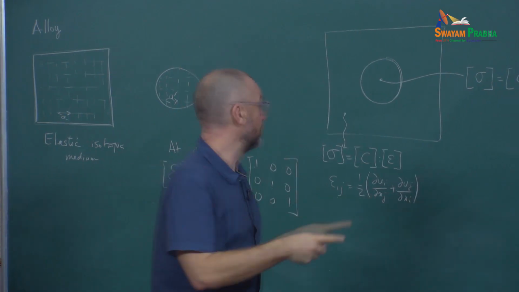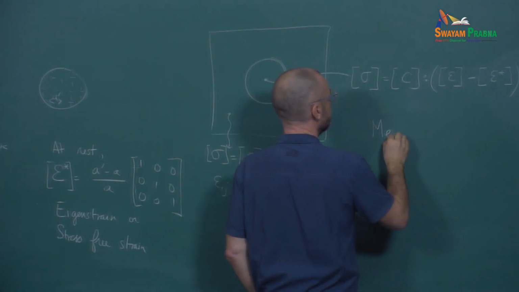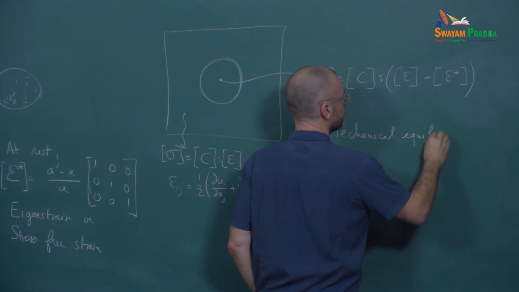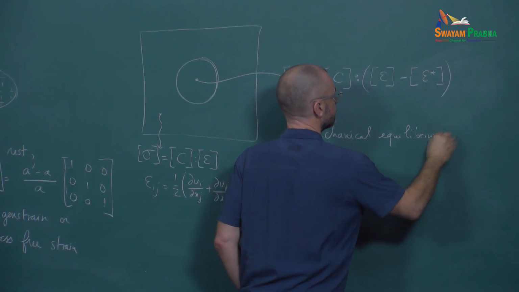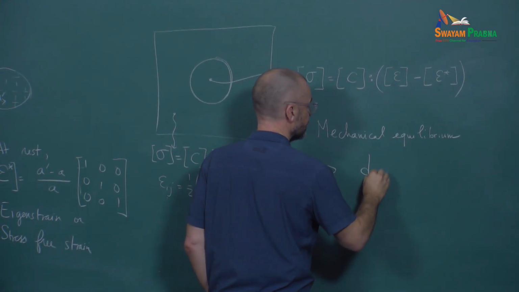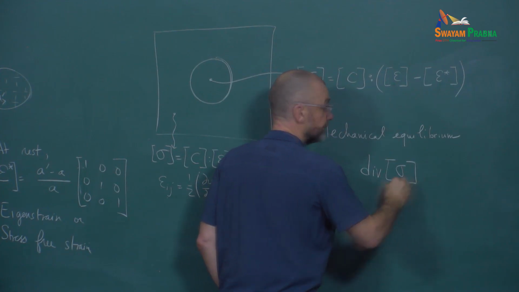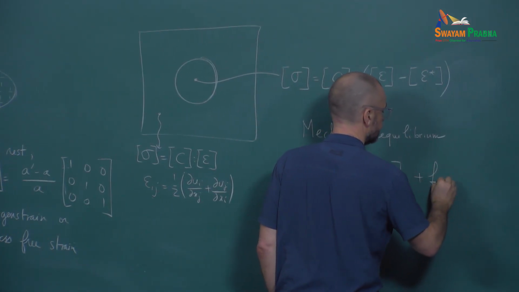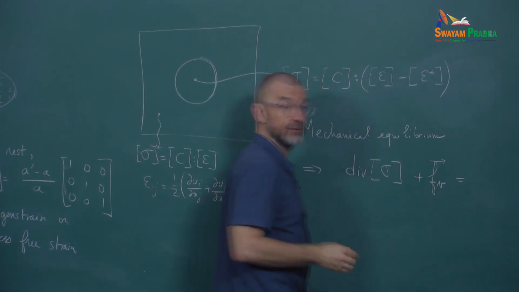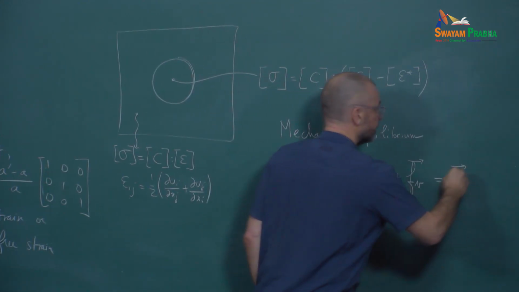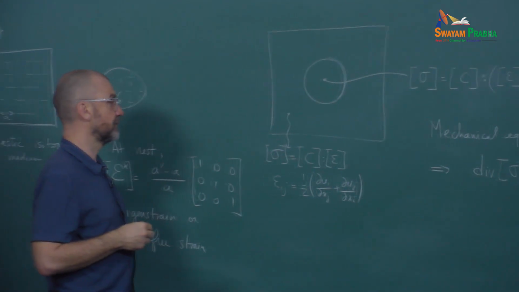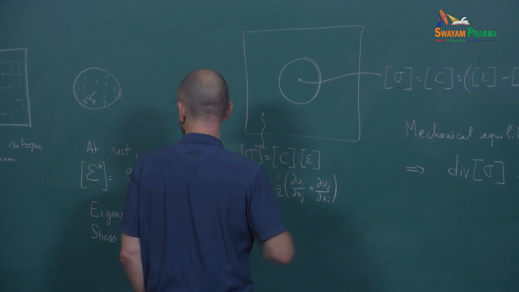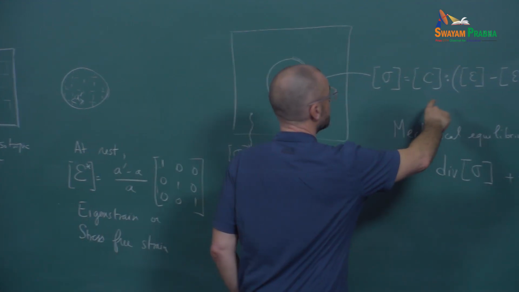But what we showed yesterday is that mechanical equilibrium implies that I have the divergence of the stress tensor plus body forces is equal to 0.